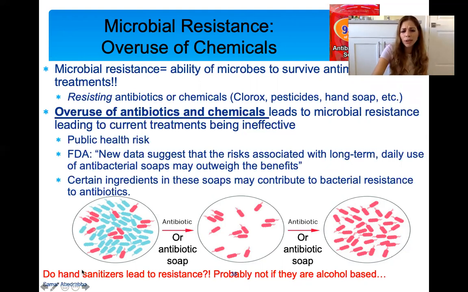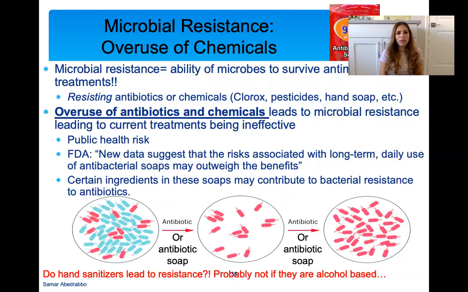The way you get microbial resistance is if you have a group of microbes and you keep using antibiotic soap and maybe one resistant bug survives, it can reproduce and create a lot more of that antibiotic resistant bug. And now the antibiotic soap won't be as effective. Now, a big question is, do hand sanitizers lead to resistance?